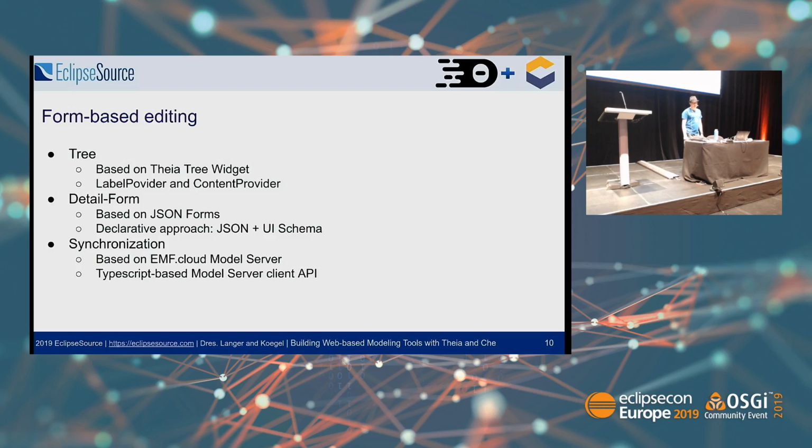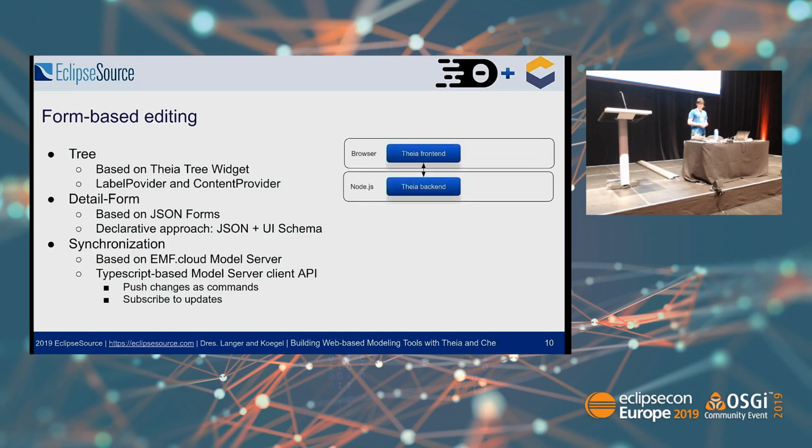So this ModelServer also comes with different client APIs so that it's simpler to connect to the ModelServer. Basically what it does is whenever I change something, so I type something into one of the fields, it pushes a command to the ModelServer to update the state on the ModelServer, and it can subscribe to updates, which we will see later on in the demo.